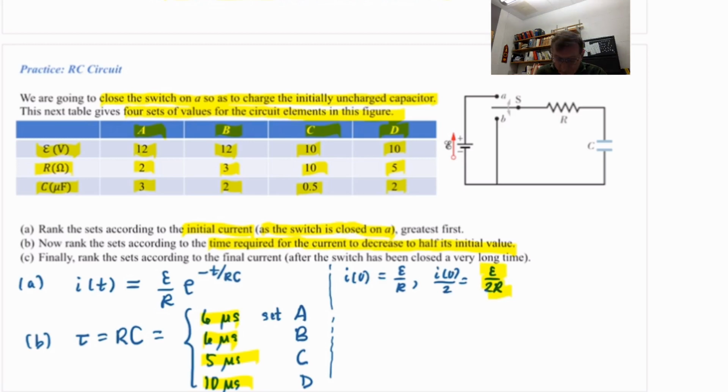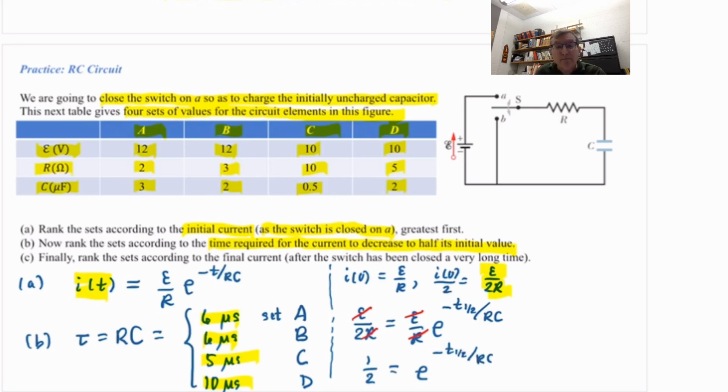So I just go over to the current formula where the I of t is, and I put E over 2R on the left. On the right, I have E over R times the exponential of negative, and now the time is specifically the time called the half-life, so I'll label it T1/2. I can divide out the EMF, I can divide out the R, and the equation really is this: 1/2 equals e to the minus half-life over RC.